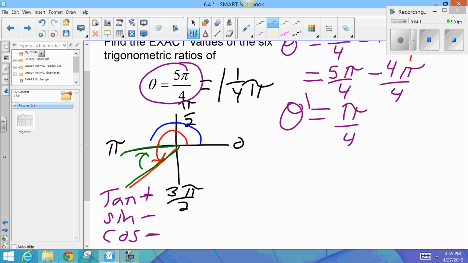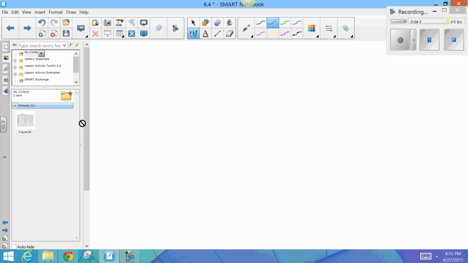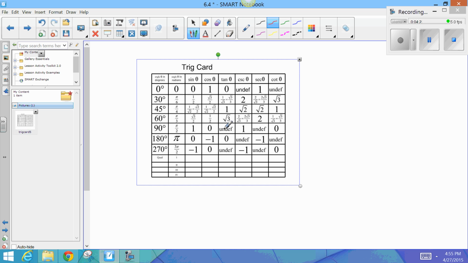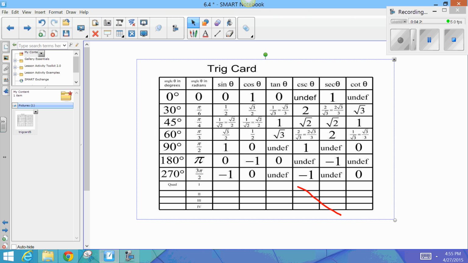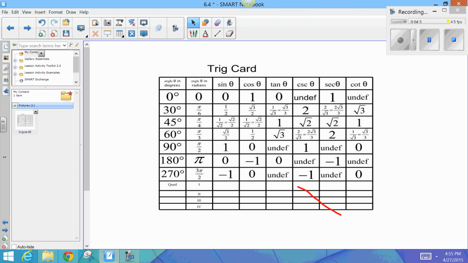Here's another really important part. Let's make another page. Okay, here's that trig card. What we're going to do is find my reference angle on the trig card. Here it is, pi over 4.